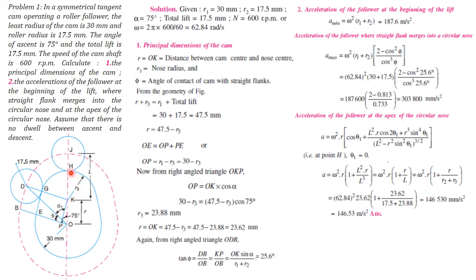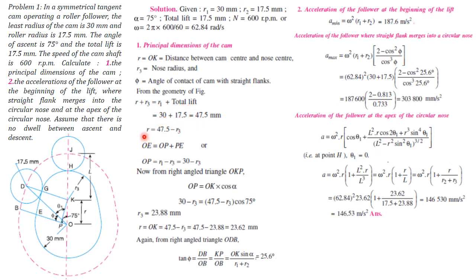Therefore, OH can be measured in two ways. OH is equal to R plus R3, and that is also equal to R1 plus total lift. Therefore, R plus R3 is equal to R1 plus total lift, and in that way we get the value of R in terms of R3, putting the value of R1 and total lift which is given to us.